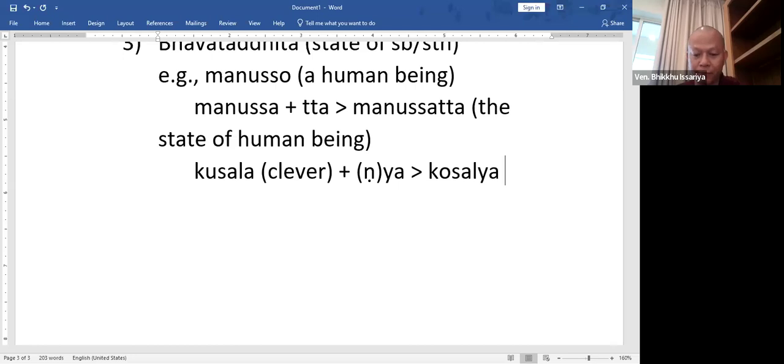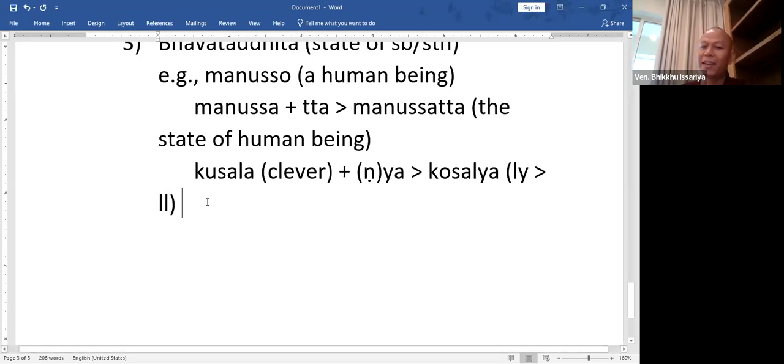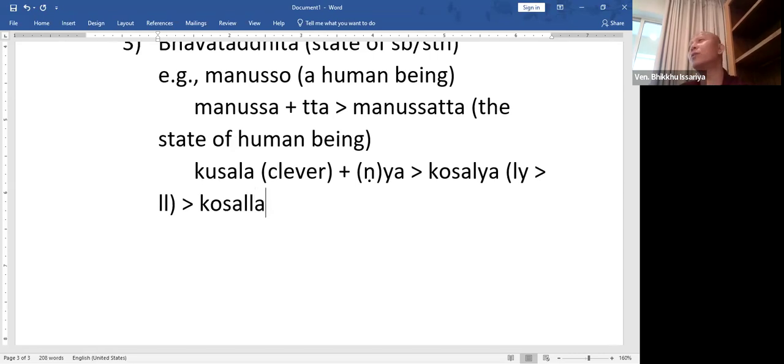And then another step, so Kausanla. Maybe you remember it as the name of a man. Kausanla means skillfulness, cleverness. So an adjective becomes a noun, right?